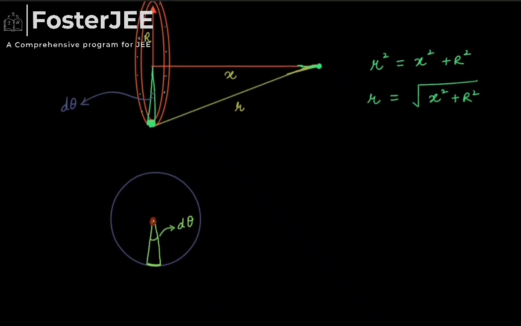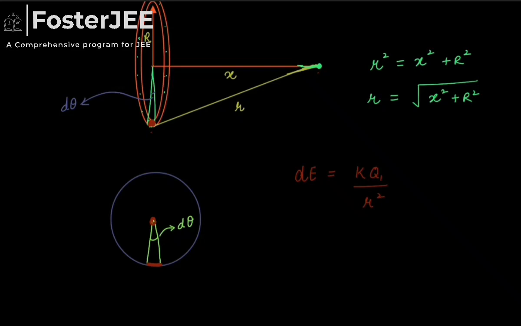Now, as we are clear with the terminologies, we can write the electric field due to this small element. Note that this is a very, very small element, so it will behave like a point charge. What will be the electric field due to this point charge at this point? Let's suppose its charge is q1, so it will be k q1 upon r square, since it's at a distance r.